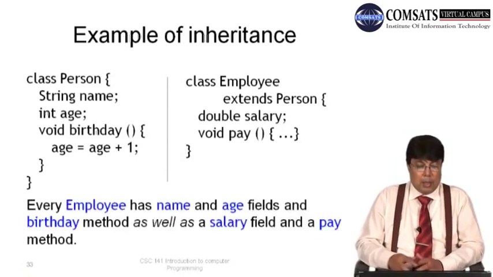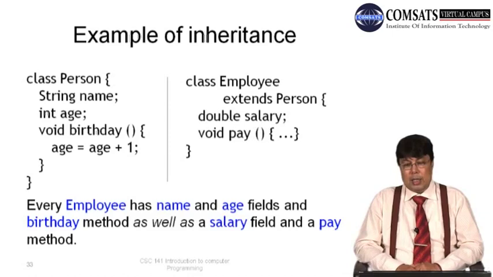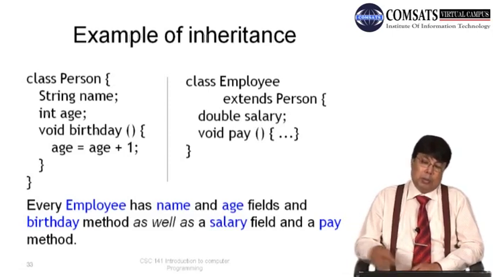So let us see, since every employee is inherited from the person, every employee has got name, the age, and has the facility of calculating the birthday. But the salary field and the pay method are also available to that particular employee.